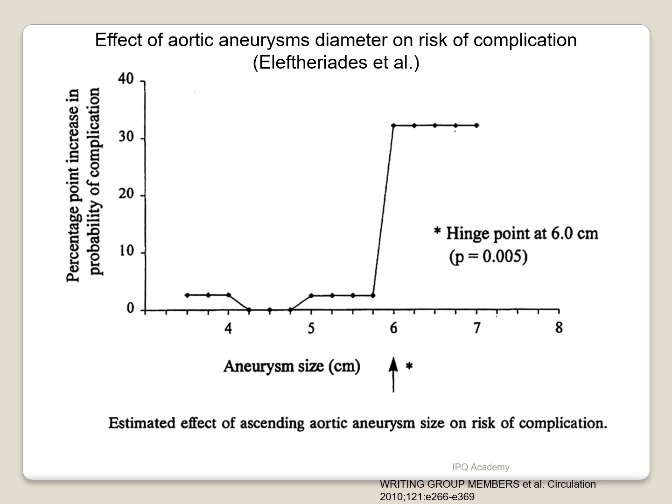In recent decades, a considerable amount of work has been carried out trying to identify indications for surgical correction of the ascending aorta. We know from work carried out by Elefteriades and colleagues at Yale University that once the diameter of the aorta approaches 6 centimeters, the risk of complications increases significantly.